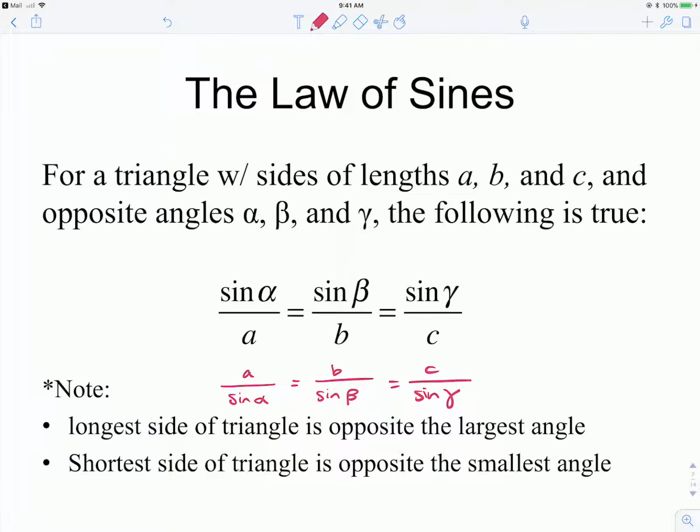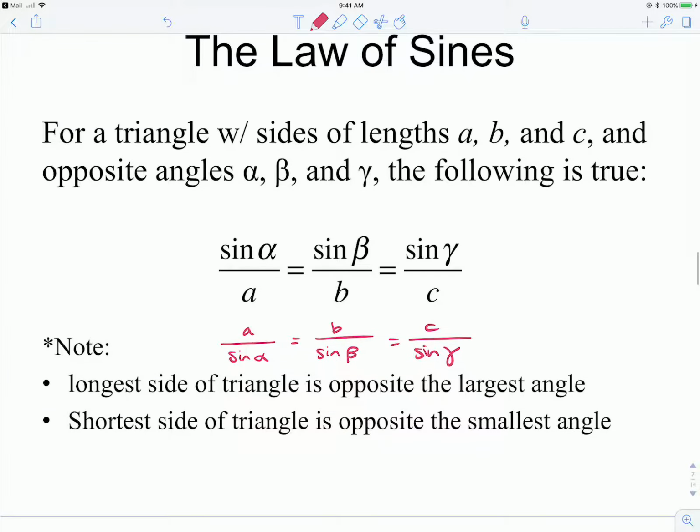If you're solving for an angle, alpha, beta, or gamma, it's usually helpful to write it with the sine of alpha or the sine of beta in the numerator, versus if you're solving for a side, it's going to be fewer steps if you have a, b, or c in the numerator. But if you just want to stay consistent and use sine of alpha over a equals sine of beta over b equals sine of gamma over c, that's totally fine. In our textbook, that's how she does it.